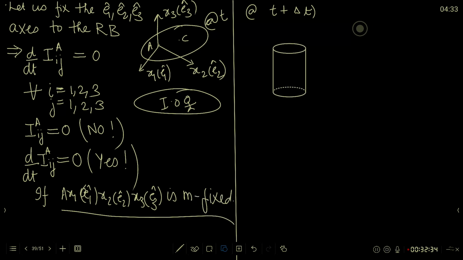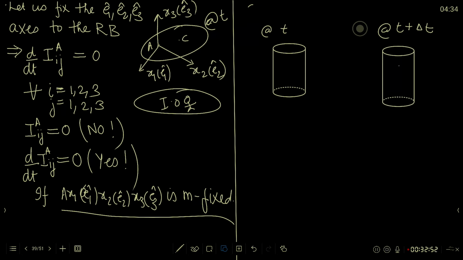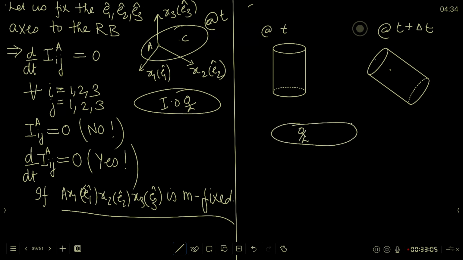At t equals 0, at t, and this is at t plus delta t. Okay, this is the same frame I. At time t, the axes are oriented like this.